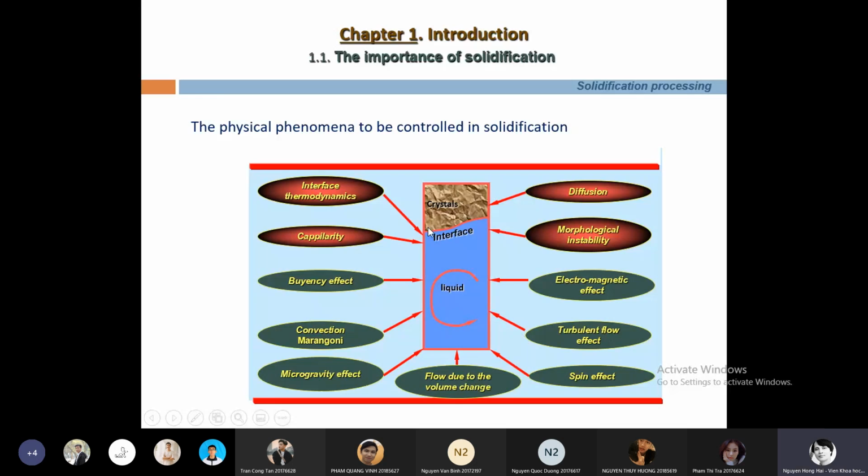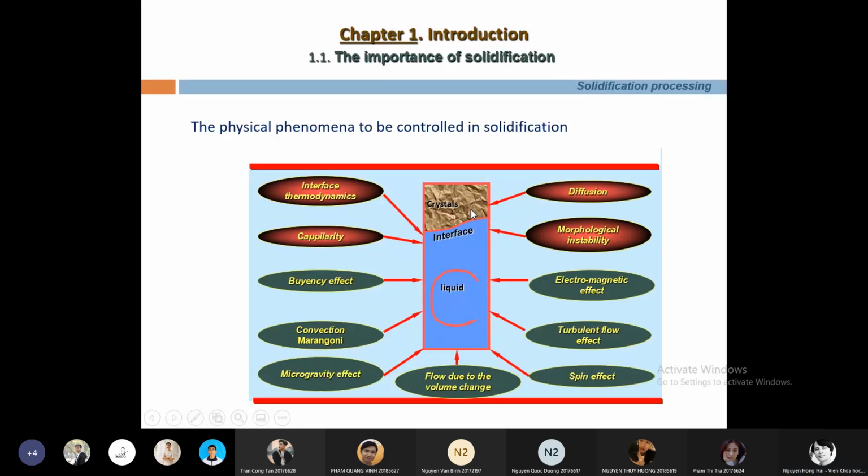A lot of physical phenomena to be controlled. But solidification is a transformation from liquid to solid. Maybe crystal, maybe not, but from liquid to solid. And there is an interface between liquid and solid, so solidification is here.